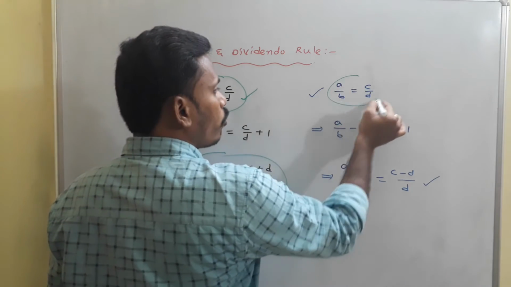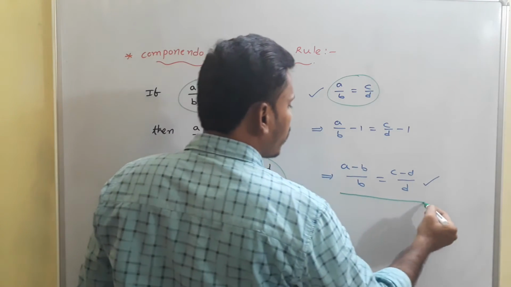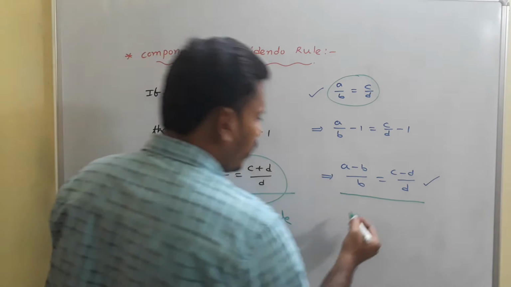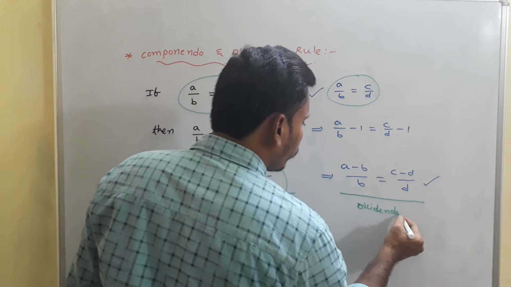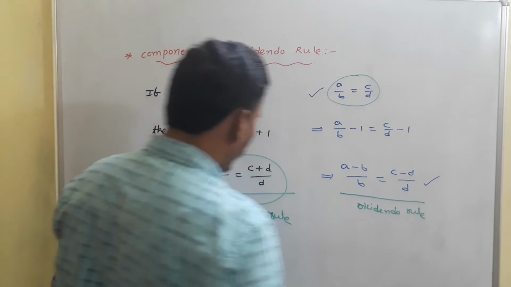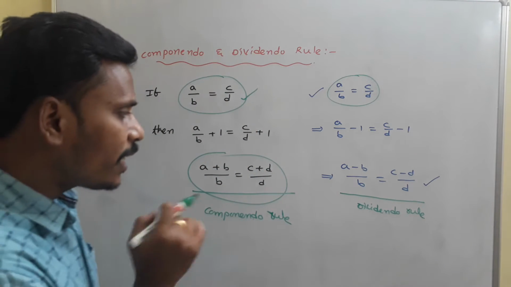If A by B is equal to C by D, then A minus B by B is equal to C minus D by D. This is called the dividendo rule. So this is the componendo rule and that is the dividendo rule.